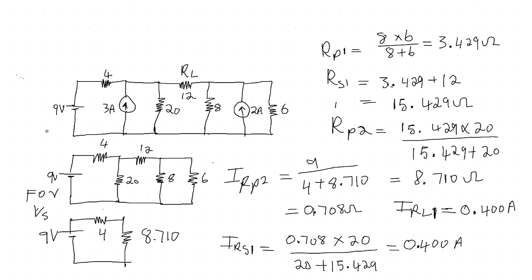So I'll write down the currents. The first one was 0.4, let me check. I can see them now.